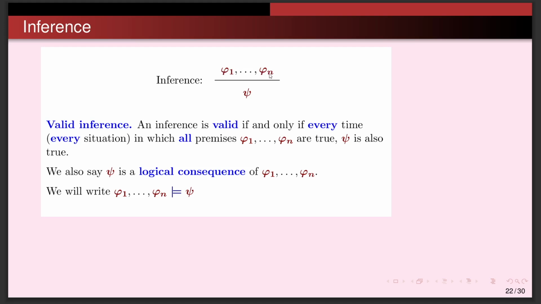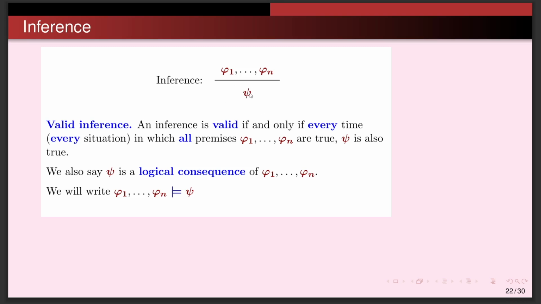If there are those expressions, then the inference I can write as psi, this is valid. So, inference is valid only if in all situations, if phi 1 until phi n are true, then the conclusion is also true.